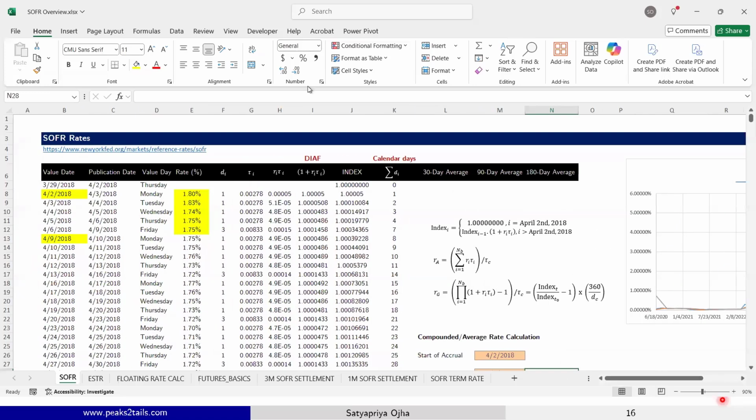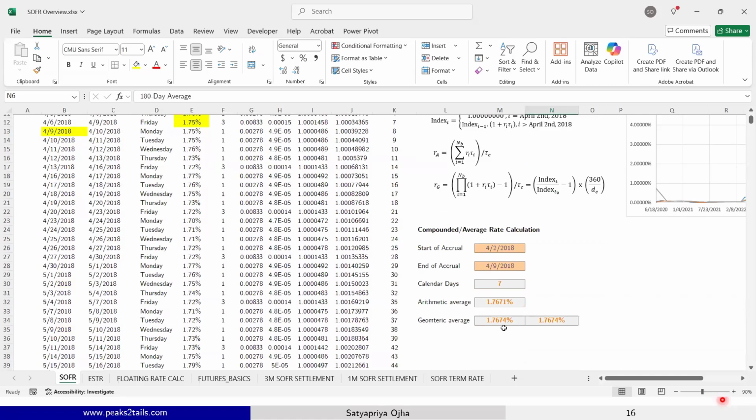So these are the basic SOFR rate compounding and average calculations. On top of that, the Federal Reserve Bank of New York, as I mentioned earlier, started publishing moving averages: the 30-day moving average, 90-day moving average, and 180-day moving average. These are also compounded using the same idea that we just discussed. They use the geometric average, not the arithmetic average.